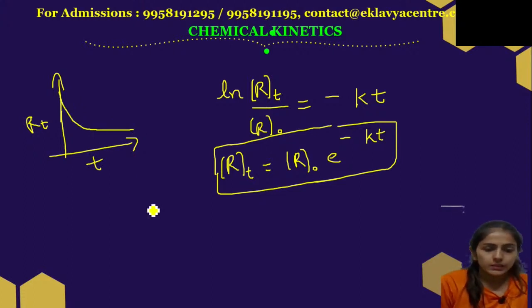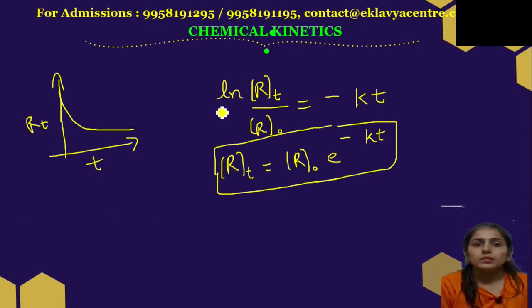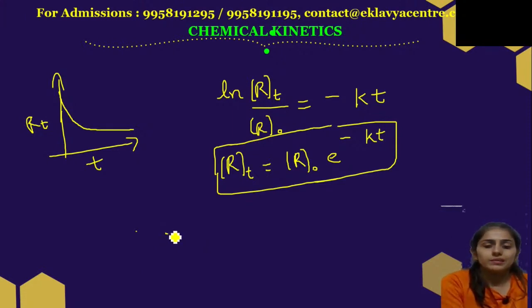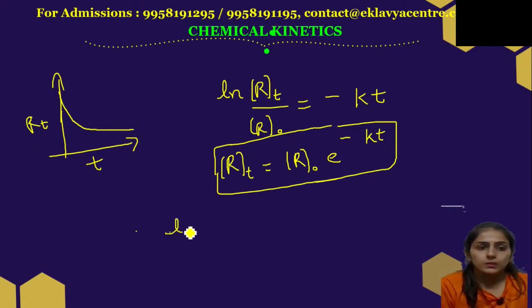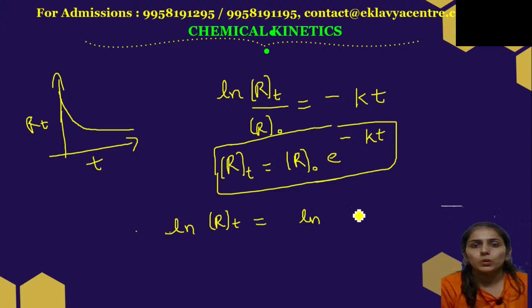Another way of writing this equation is ln Rt is equal to ln R naught minus Kt.